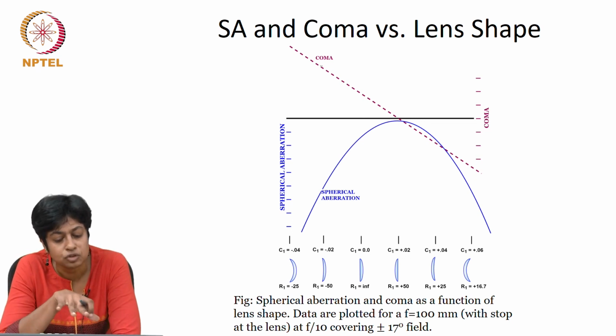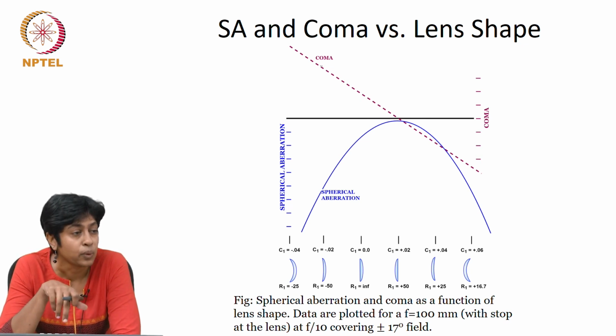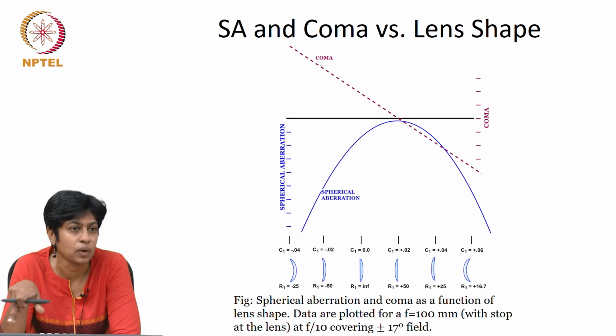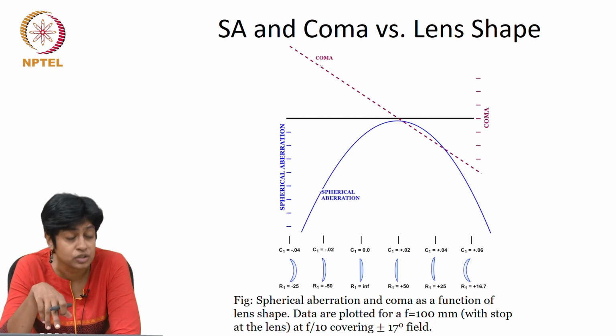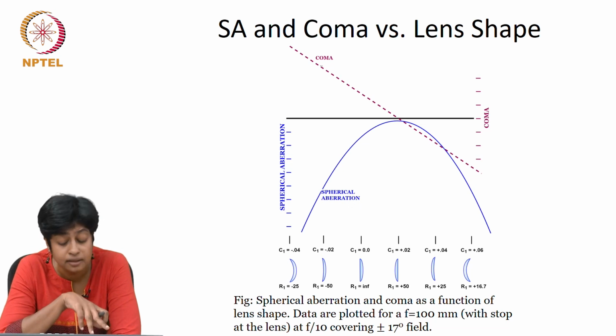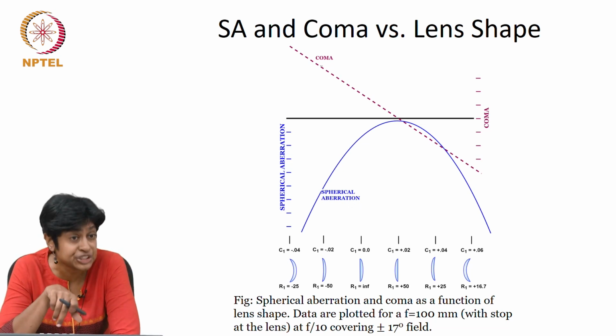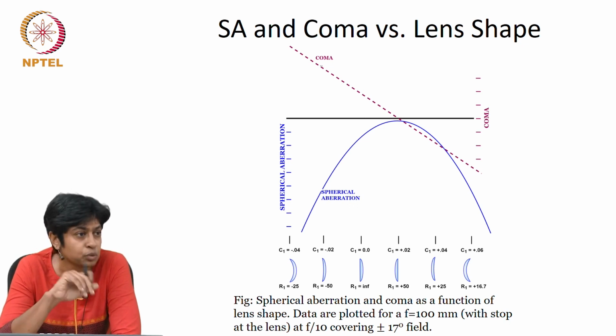One of the reasons for plotting curves like this is you are able to see where you can minimize more than one aberration. In this case, for a particular focal length, which you're not changing, you find that there's one shape that gives you a minimum of spherical aberration and coma, and clearly that would be a good shape to use in that case, right?